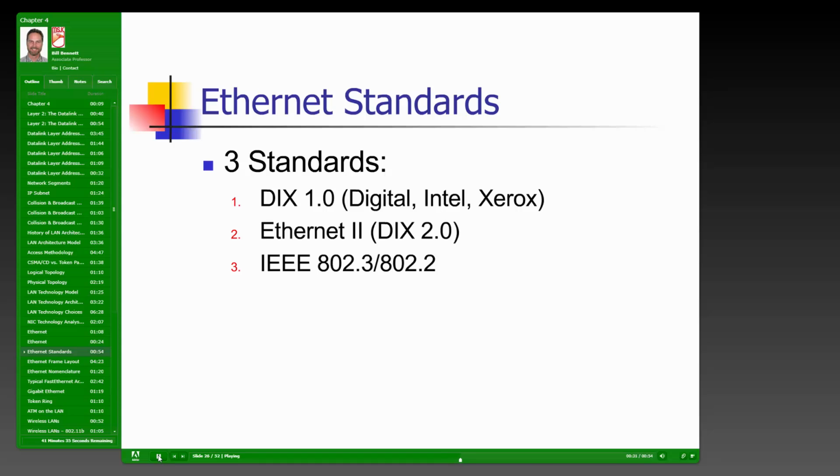We'll have a graphic coming up later and I'll show you the breakdown on that. But basically 802.3 is the MAC portion, the physical layer components, and the MAC sublayer of the Datalink layer, and then 802.2 defines the logical link control sublayer of the Datalink layer. And so those two combined are what define modern-day Ethernet.